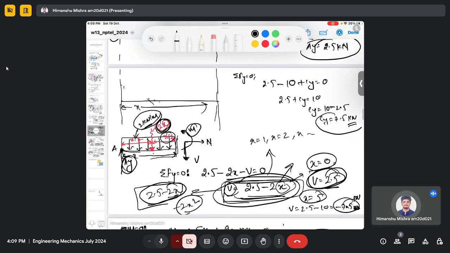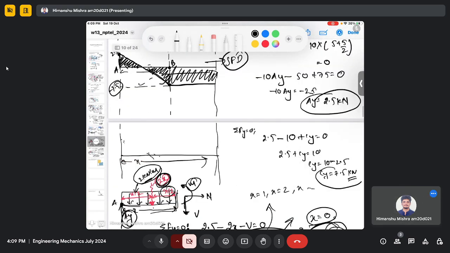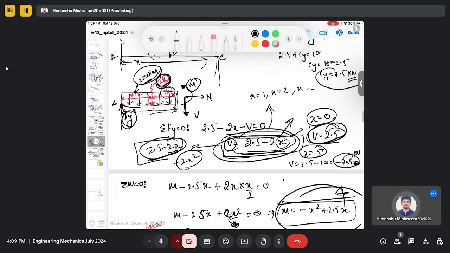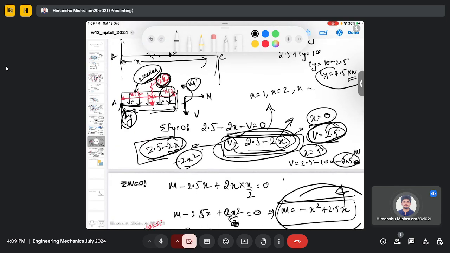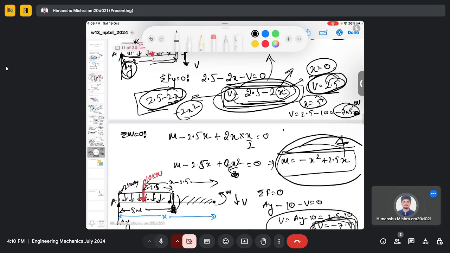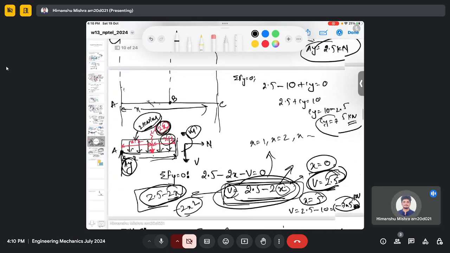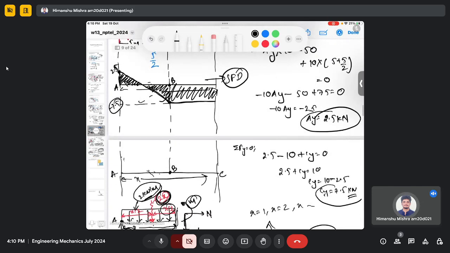Similarly you can make the bending moment diagram. In the region AB, it will follow this equation, and you can see that there is an x square term, so it will not vary in a straight line. It will vary as a curve because of the x square term.